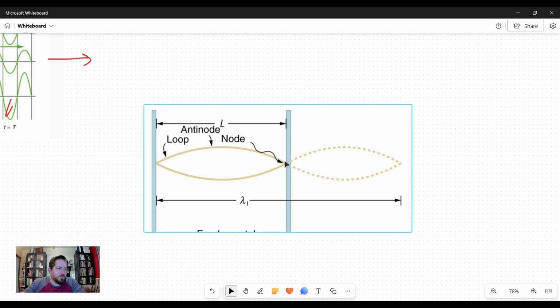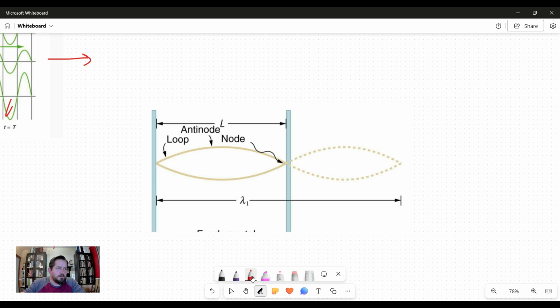This node is stuck there, and therefore that limits the wavelengths of waves that can be created on this string. And so this very first one, where half a wavelength fits in between the two ends, is called the fundamental wavelength.